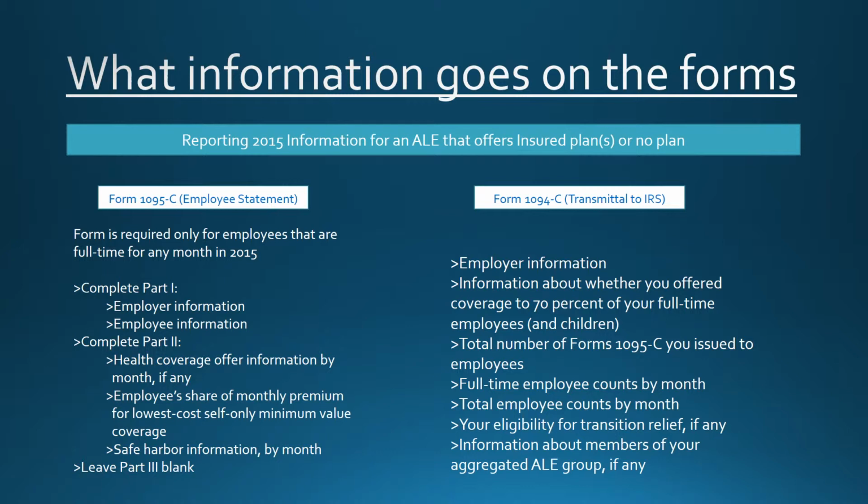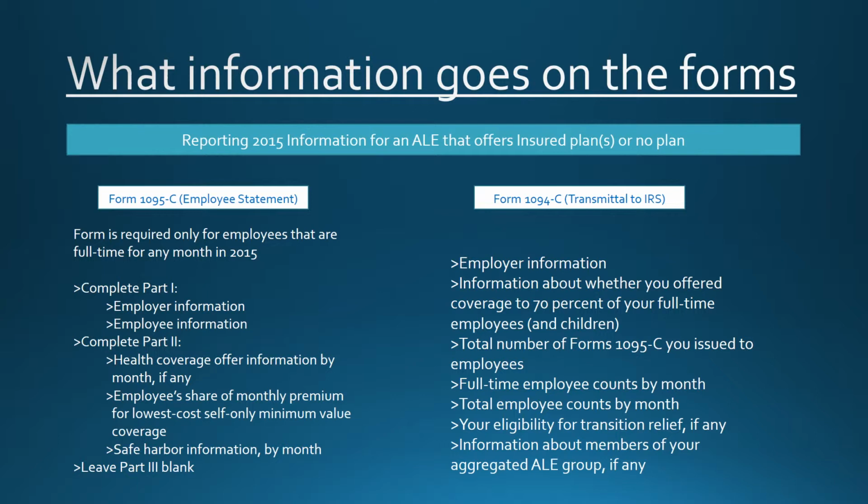There are 3 lines in this section to complete: Lines 14, 15, and 16. Line 14 requires an indicator code from Code Series 1 to be entered. This code will indicate the type of coverage, if any, offered to the employee during the calendar year.